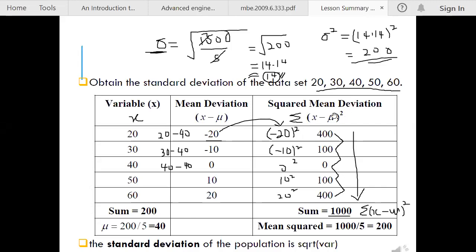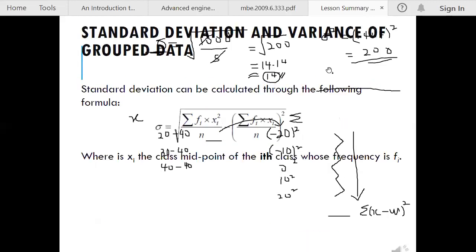Let's try. We still have enough time to look at group data. So let's try finding the variance and the standard deviation for the given data set.